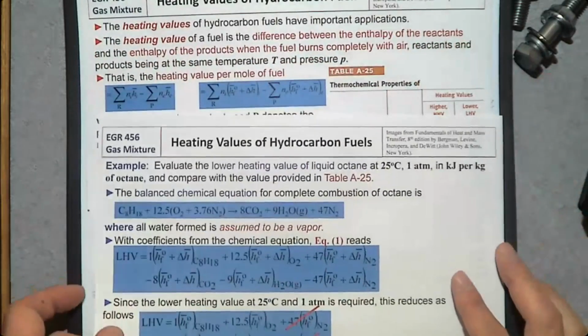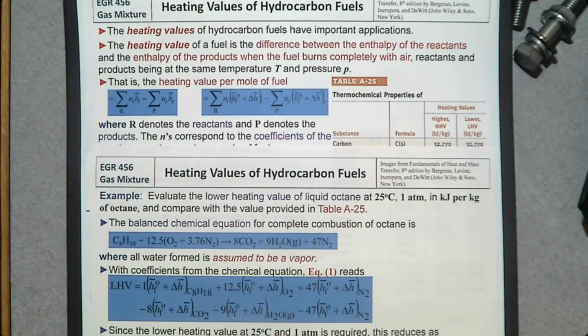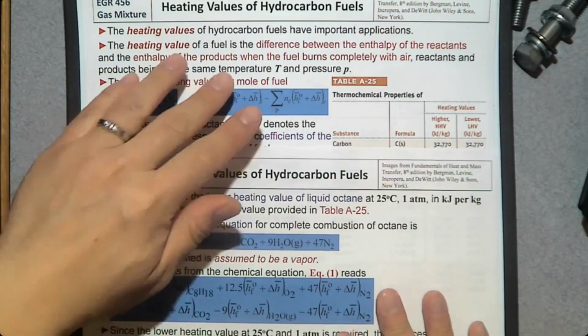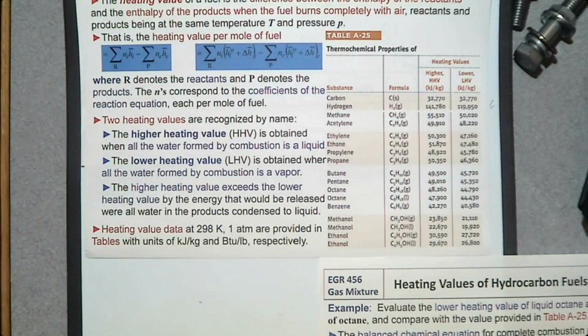So let's see if we can determine heating values of hydrocarbon fuels. What kind of fuel? Let's use liquid octane. What is liquid octane? If you go to table A25, there's octane. One is vapor.